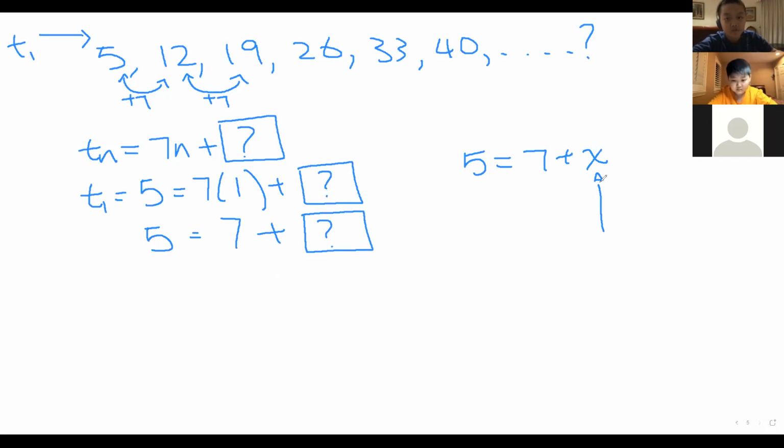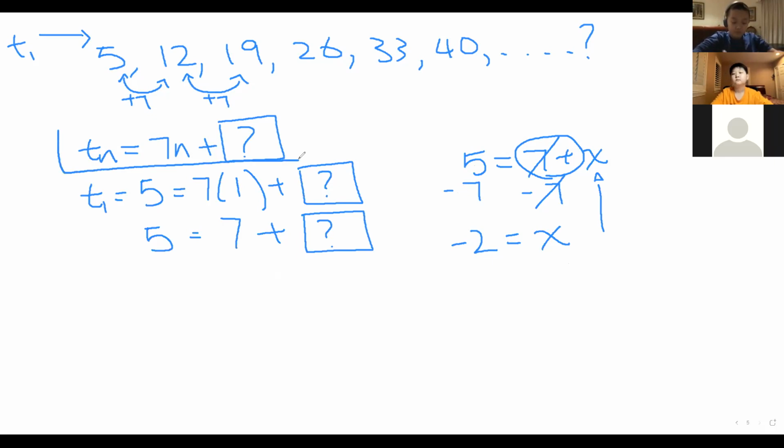Right now, it is positive, but it is not alone. 7 is being added to it. So I can subtract 7 from both sides to get rid of this. 5 minus 7 is -2. So my mystery number is -2.